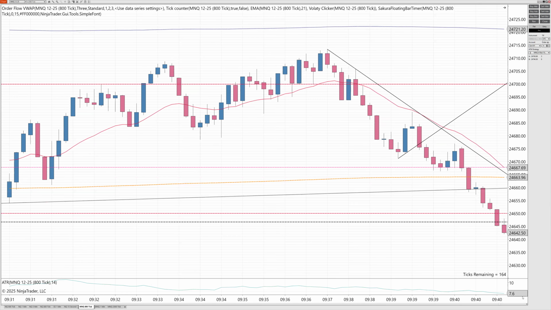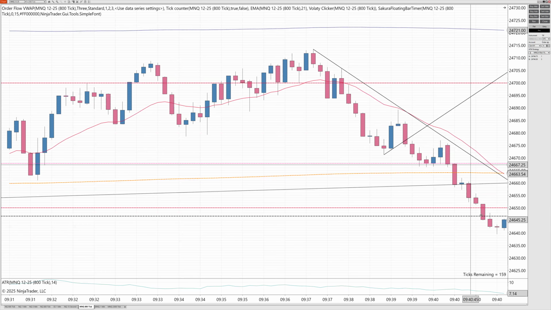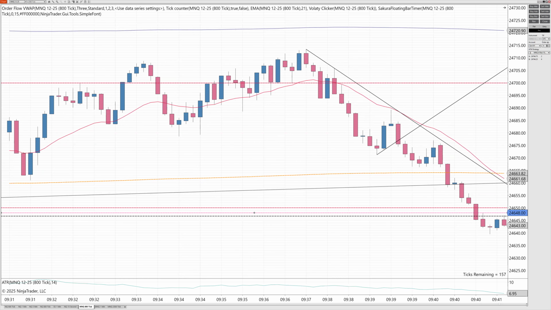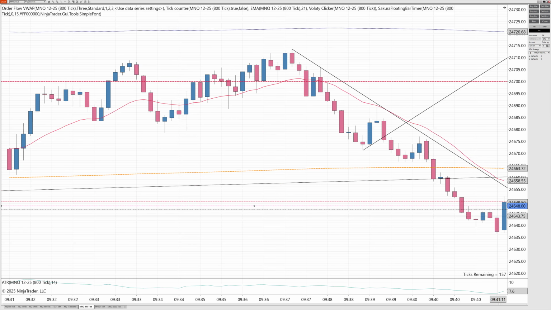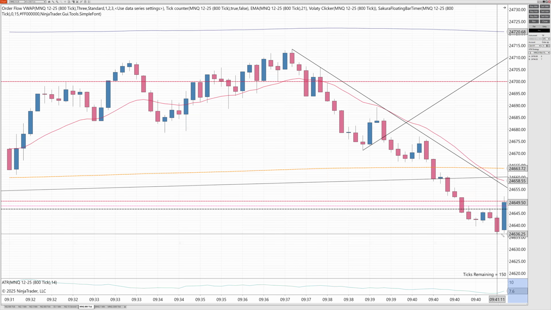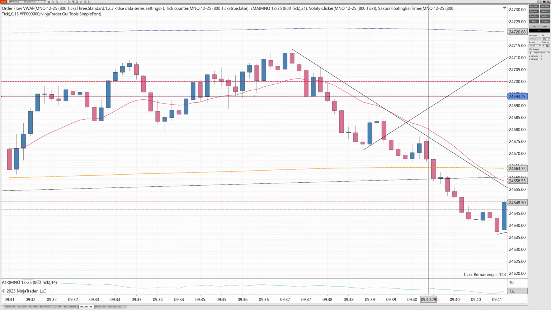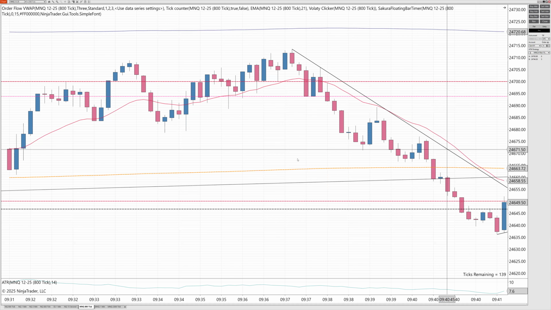Our runner is still running. Okay, runner finally gets taken out. And now we can draw a new upward trend line. Just delete this. This is a bigger downward trend line that we have here.